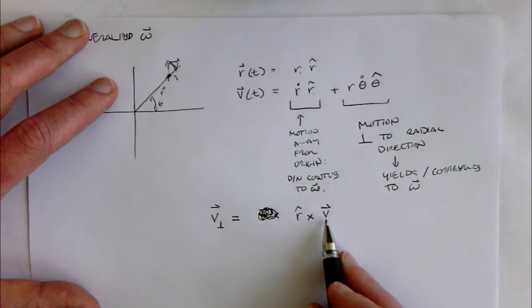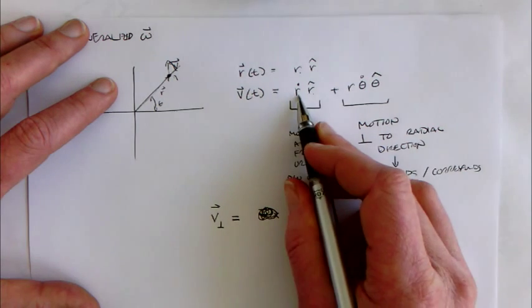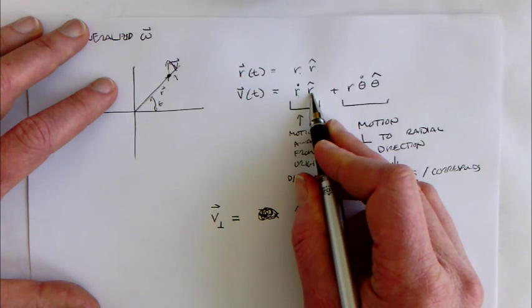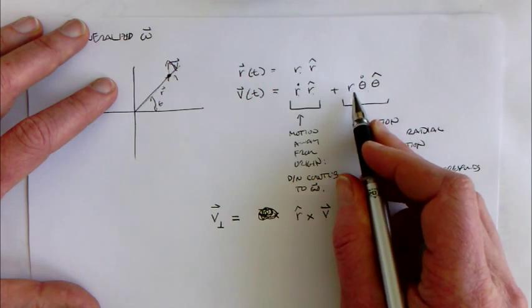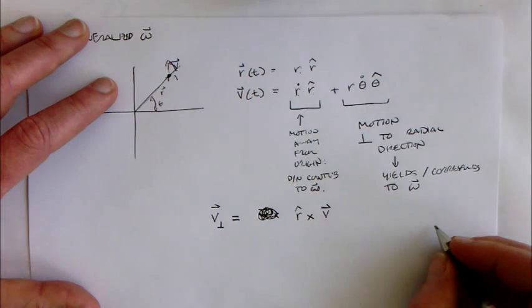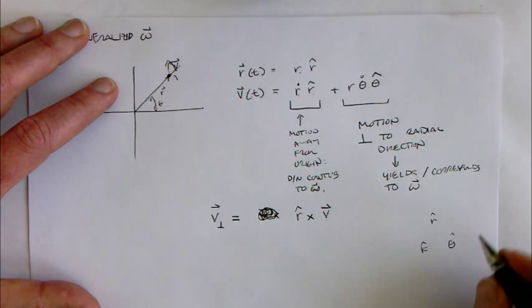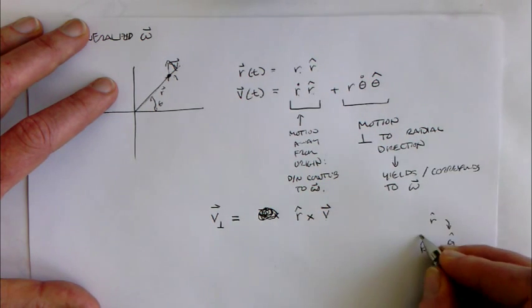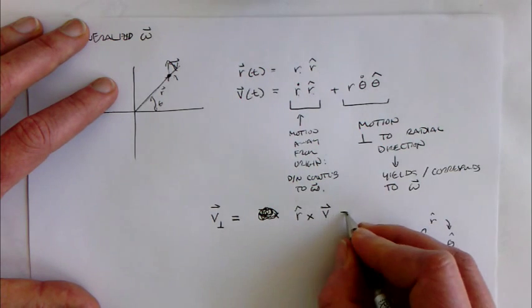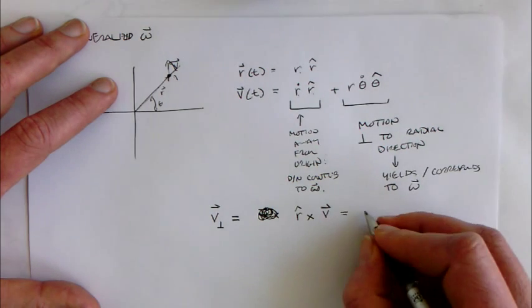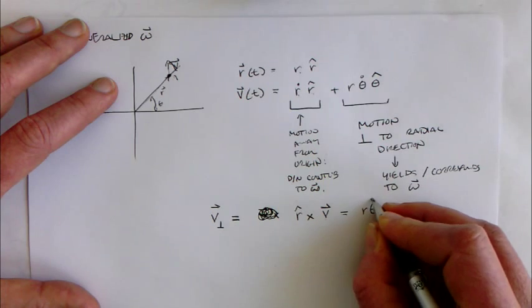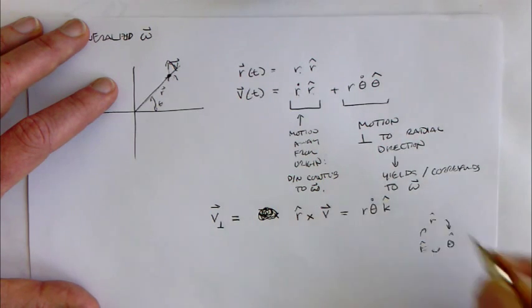So I'm going to take r hat cross v. Well, r hat cross r hat is 0, and r hat cross theta hat is k hat. So for this polar coordinate case, this is going to be r times theta dot times k hat.